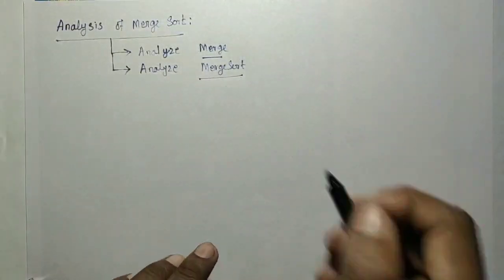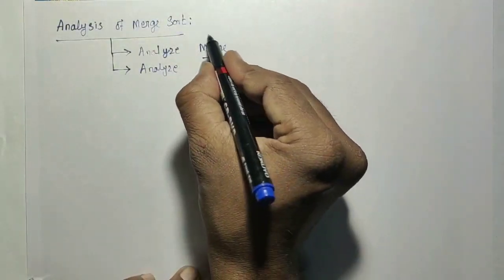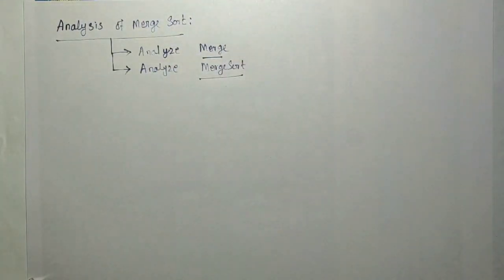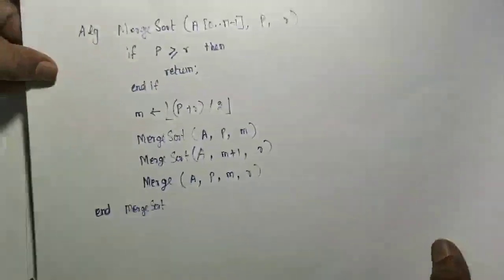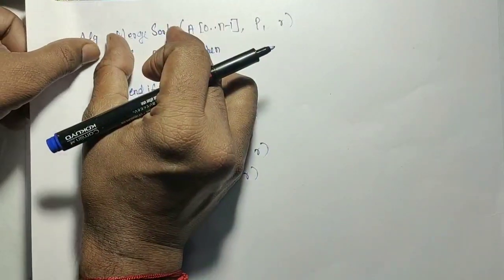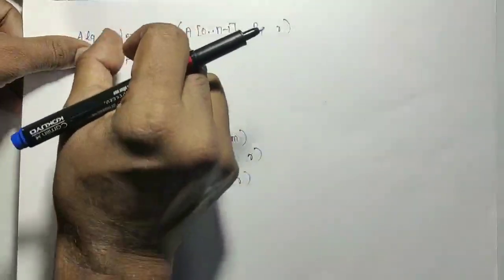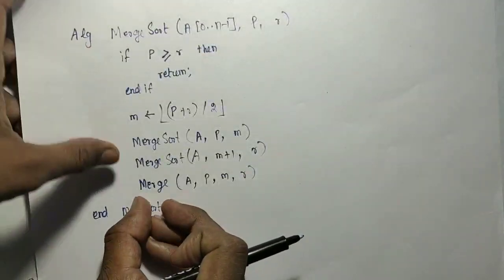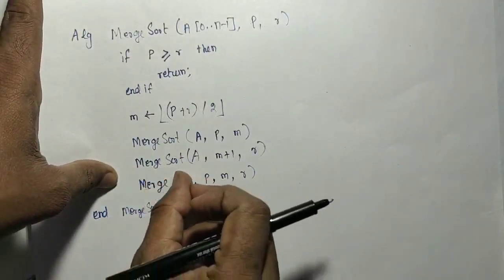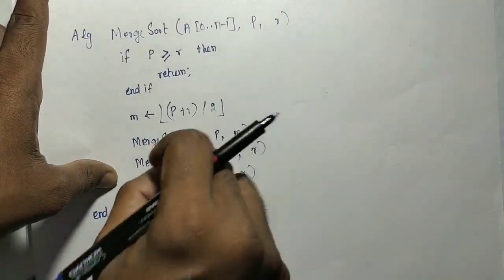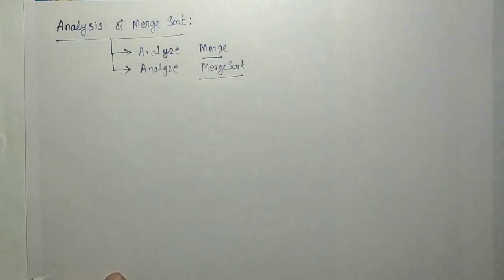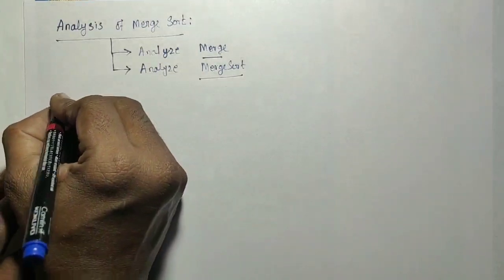So I have to analyze two algorithms. First I need to find the complexity of merge and then merge sort. Because the final thing I want to find is the time complexity of merge sort. But inside it we have used the merge algorithm, so I need to know the complexity of the merge algorithm. Then only I can find the complexity of merge sort. So let us consider first the analysis of the merge algorithm.